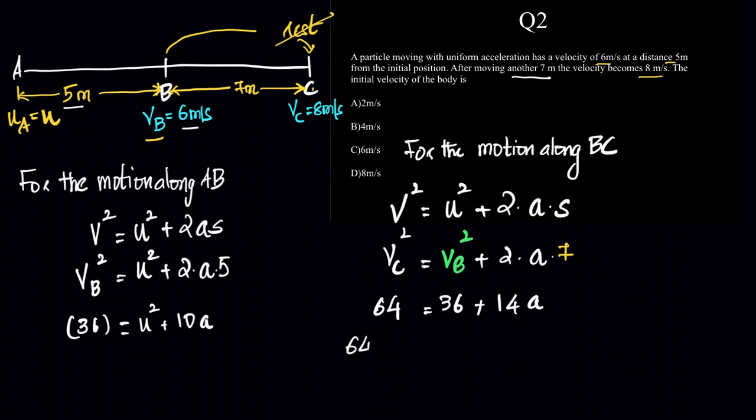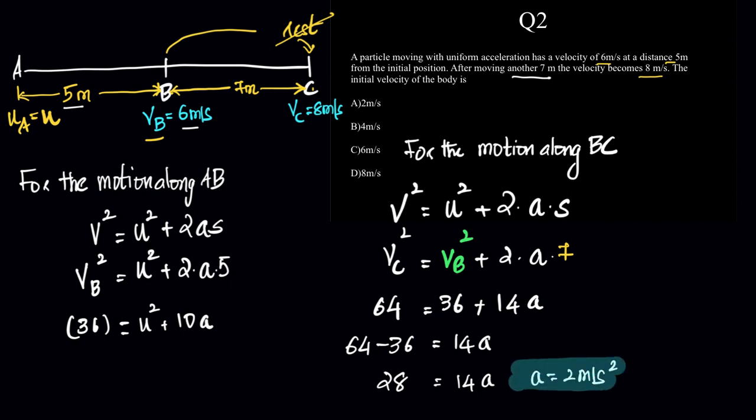So 64 minus 36 is equal to 14a. We know that 64 minus 36 is 28, so 28 is equal to 14a, in which case a is equal to 2 meter per second square. Now if a is equal to 2 meter per second square, we can use this information with the earlier equation.